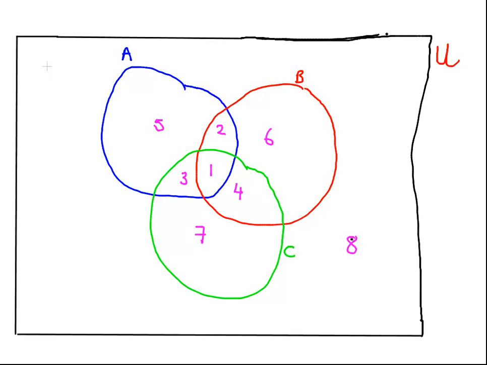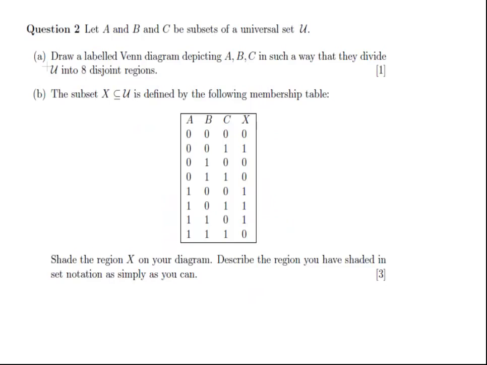Now the next part of the question: this is the subset X, a subset of U, and it's defined with the following membership table. What we have to do is depict it on our Venn diagram. So for region X, we have to find where we have a 1 in the table.